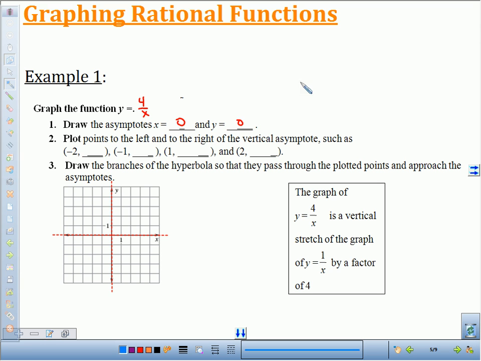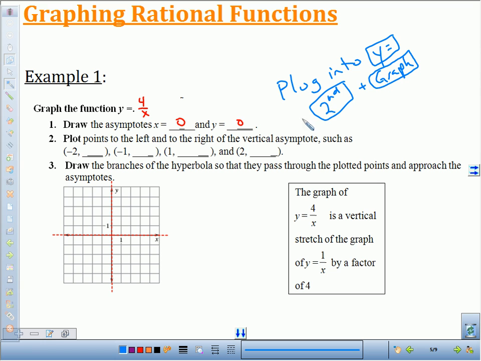So we plug it into y equals. We hit second graph, and we find some points.